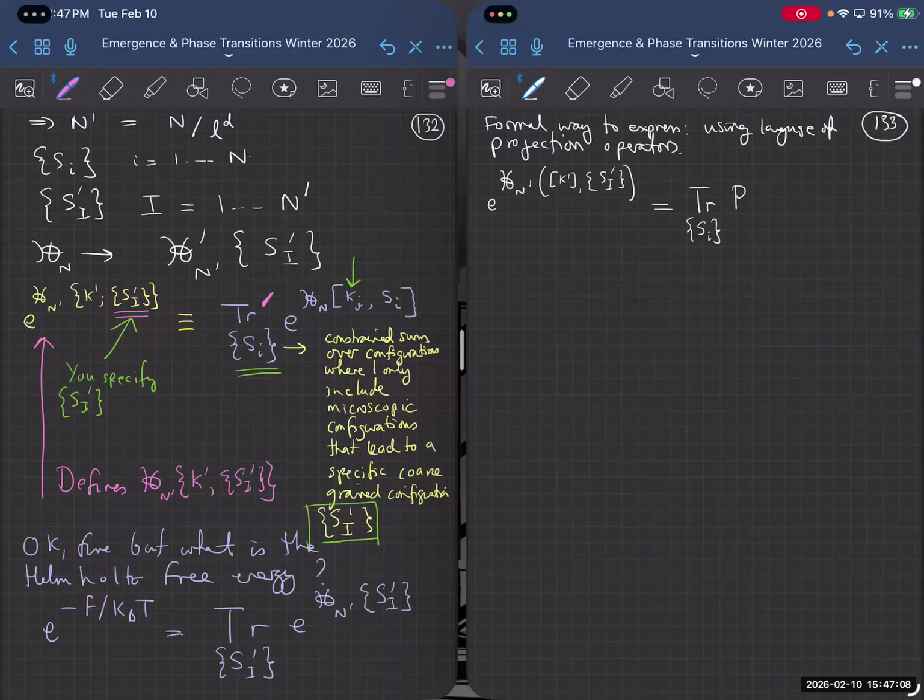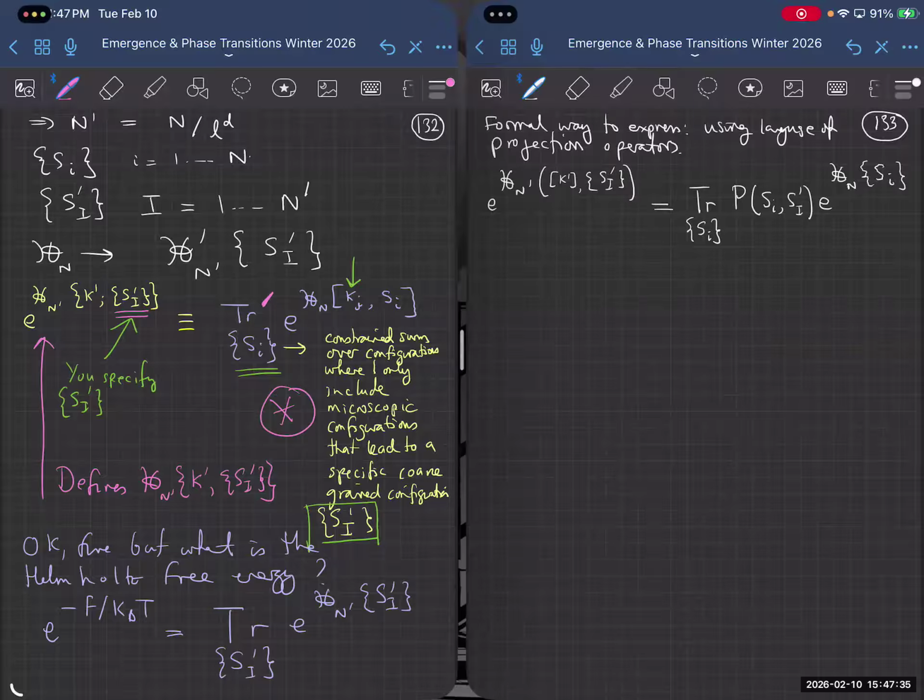I'm going to have a projection operator that comes in here that depends on SI and SI prime. And then over here, I'm going to have e to the Hamiltonian acting on the microscopic degrees of freedom. So this equation is meant to be the same as this equation over here on the left with all those words.